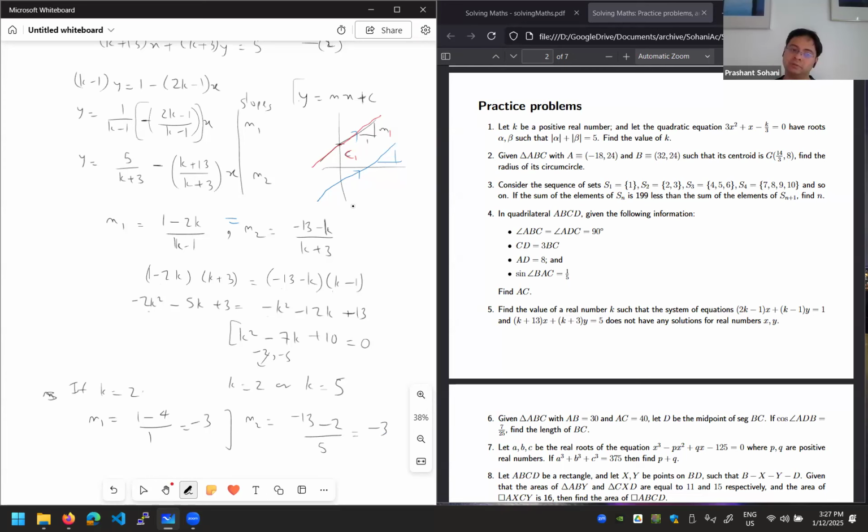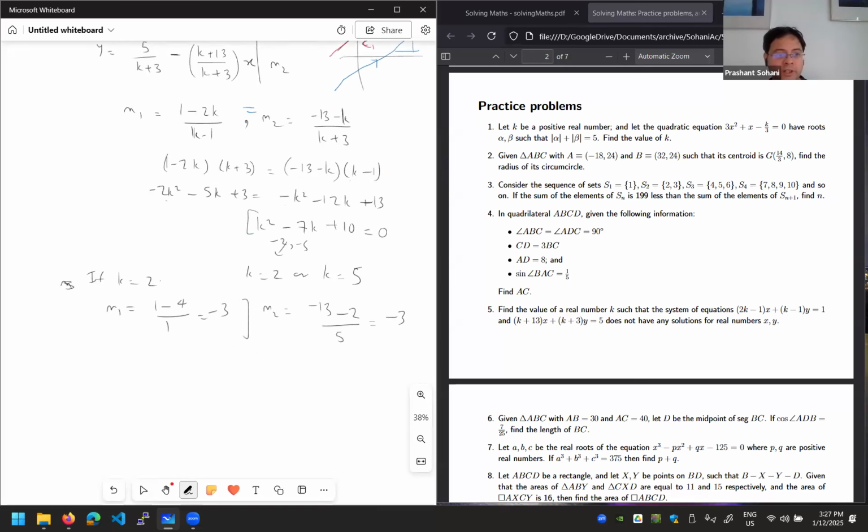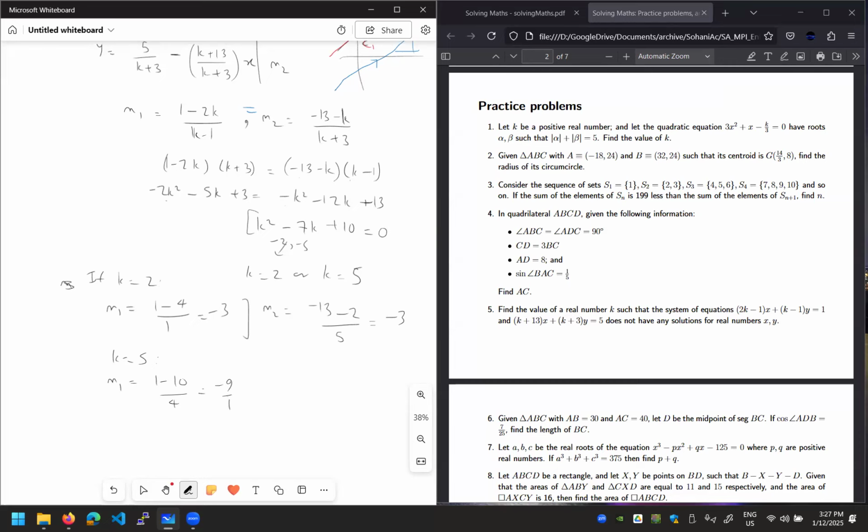The slopes are equal. So if k is equal to 2 the slopes are equal, and if I try k equal to 5, then also you'll see that the slopes are equal. The slope of the first line is 1 minus 10 by 4, which is minus 9 by 4.